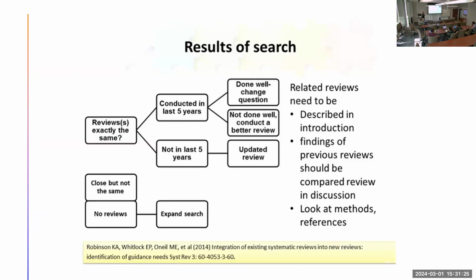If there hasn't been something recent, then maybe you need to update that review, because these kinds of reviews should cover what we know about the literature, and 5 years is a good heuristic for when a review might be done again. But if it's not the same, or there are no reviews, then you can move forward with that as a topic.